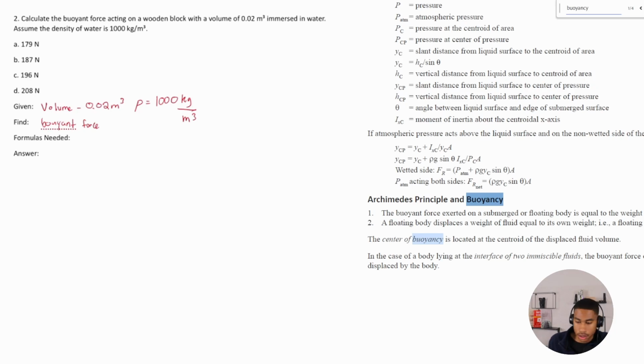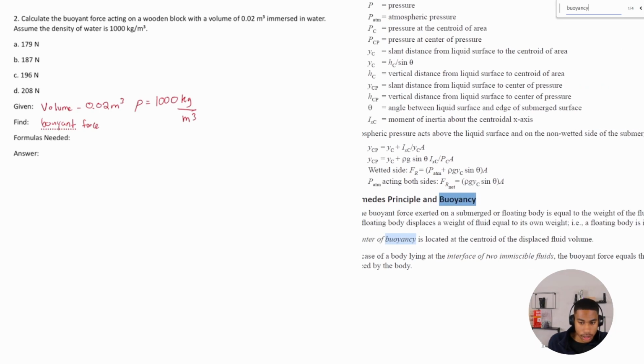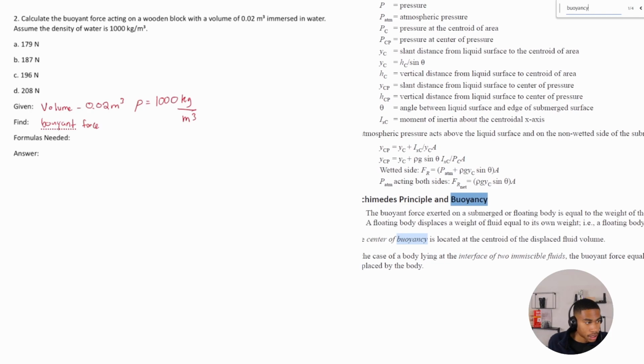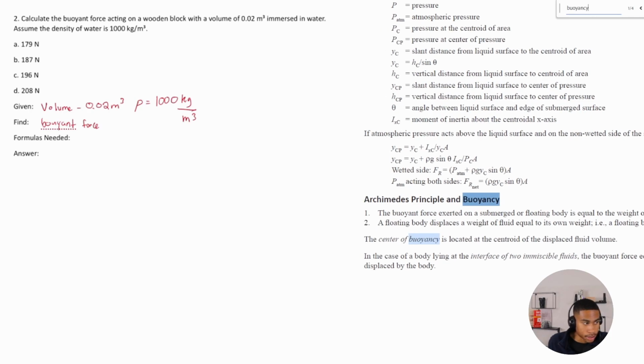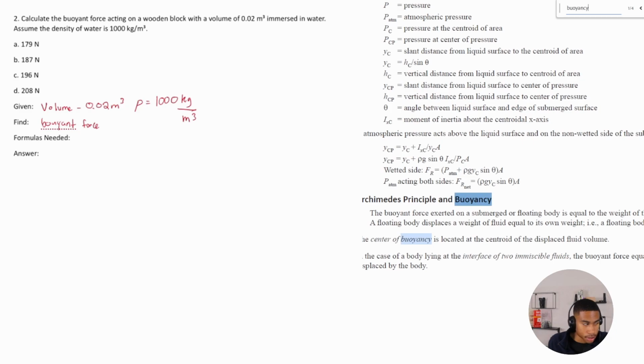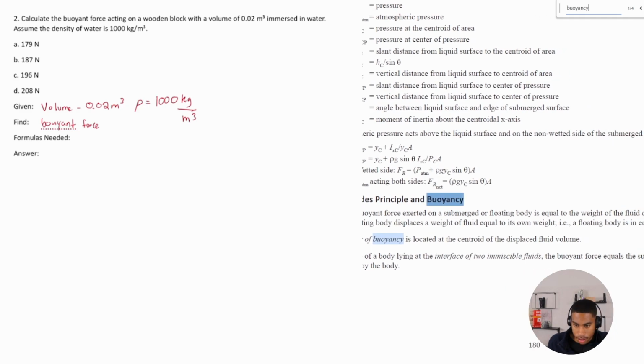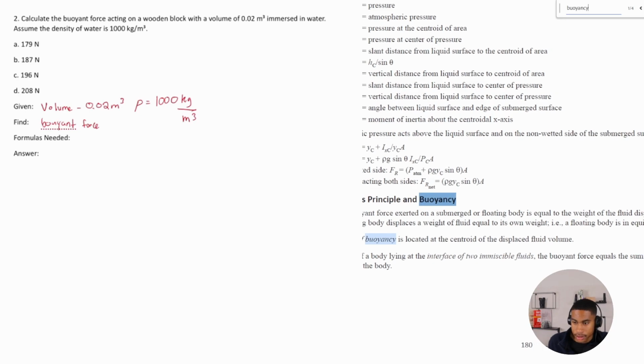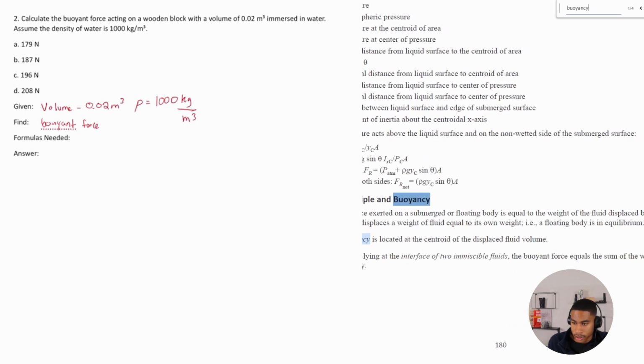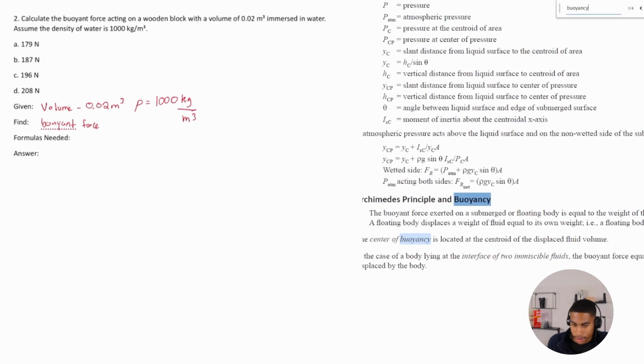All right. So here it says buoyancy. The buoyancy force exerted on a submerged or floating body is equal to the weight of the fluid displaced by the body. So it's equal to the weight. So that's the information that we need for this.